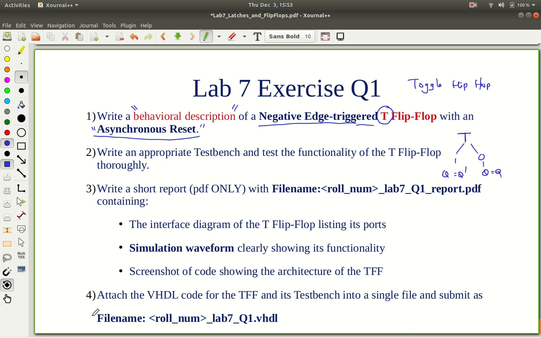One is the single code file containing both the code for the T flip-flop and the test bench, and a short report which has to be a PDF file, containing the interface diagram of the T flip-flop, the simulation waveform that you got, demonstrating its functionality clearly, and a screenshot of the code just showing the behavioral block or the architecture of the T flip-flop. So that's it for lab 7. It's a short exercise. I'll see you all for the next lab.